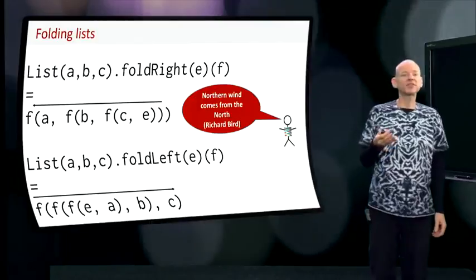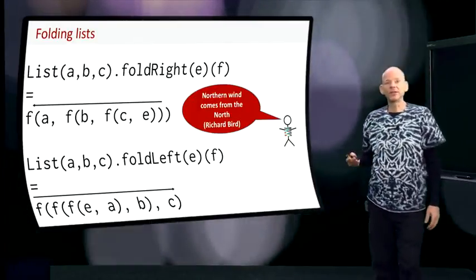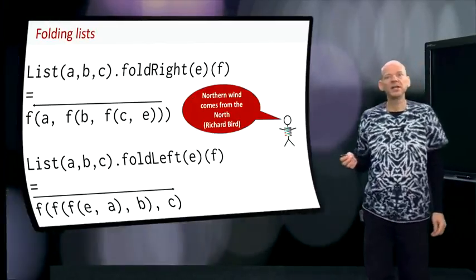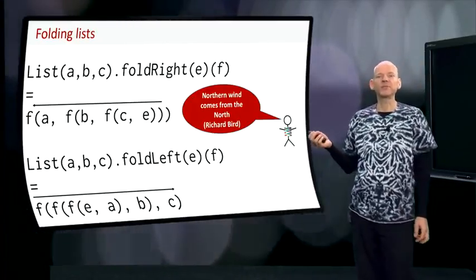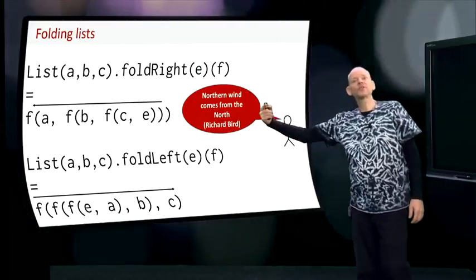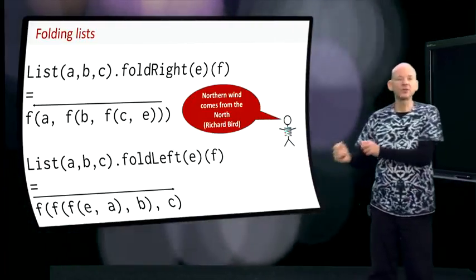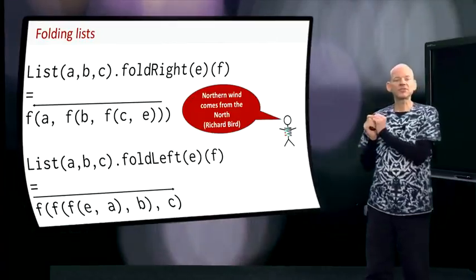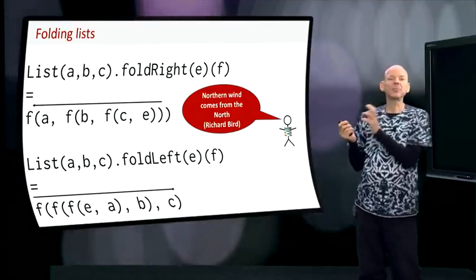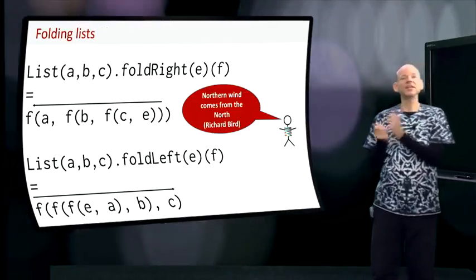Fold right takes a list, in this case with values a, b, and c. It takes a neutral element, e, and a combination function, f. Fold right folds the list from right to left. It starts at the right side of the list and applies f to c and e.